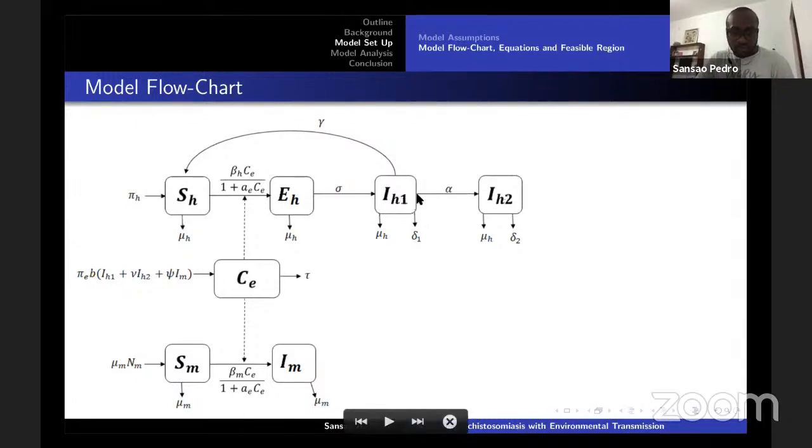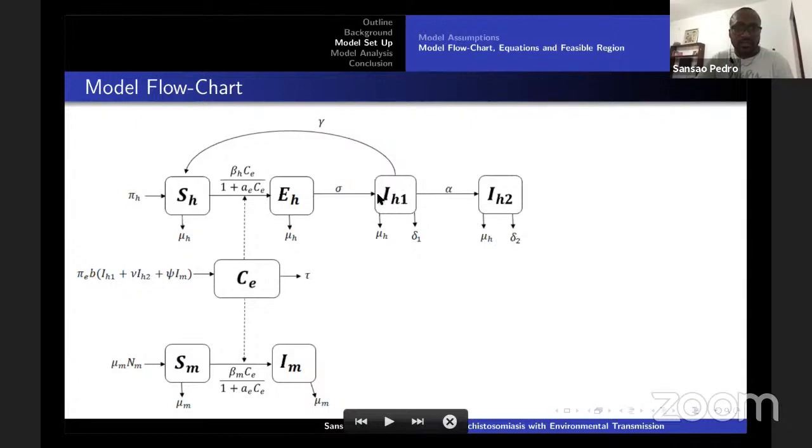Once concomitant immunity is developed, they will pass to this last stage, and once they have developed this, they will remain in this stage for life. And they will exit either through natural death or due to the disease in the long run.